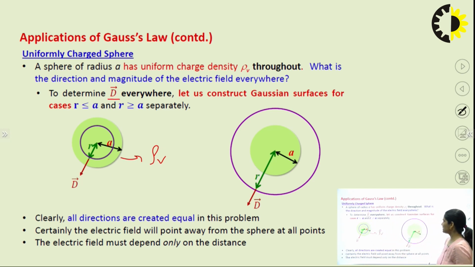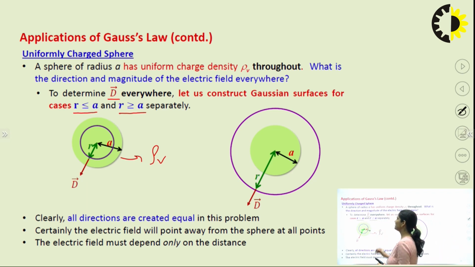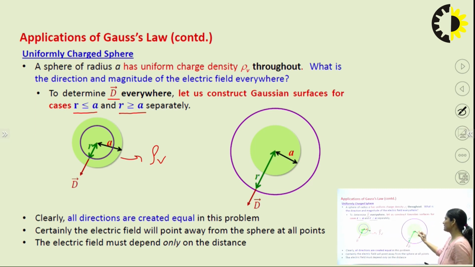Let us construct a Gaussian surface for two cases. The first case is R less than or equal to A, and the second case is R greater than or equal to A. In the first case R is less than A, and in the second case R is greater than A. So you have to consider these two cases.